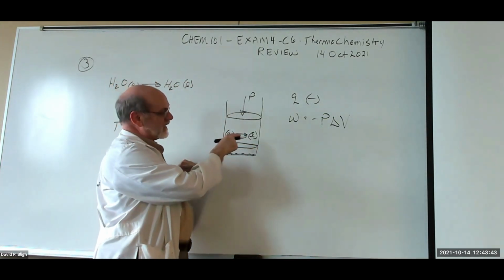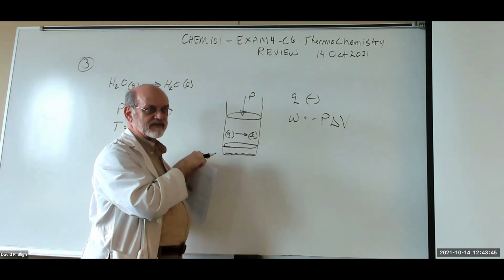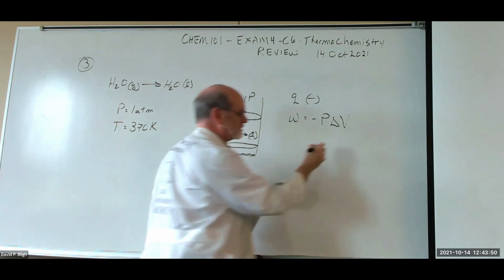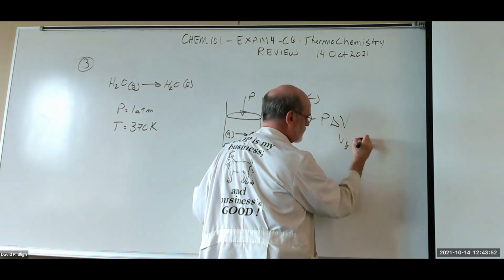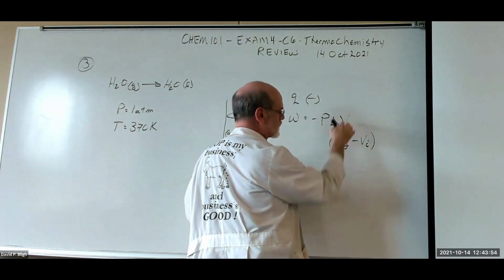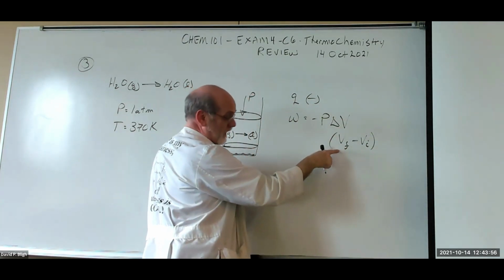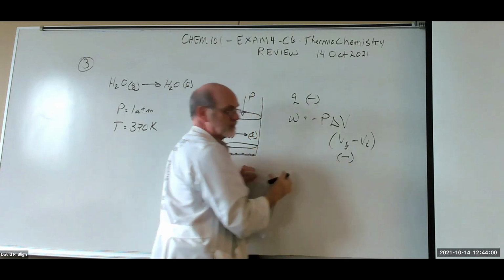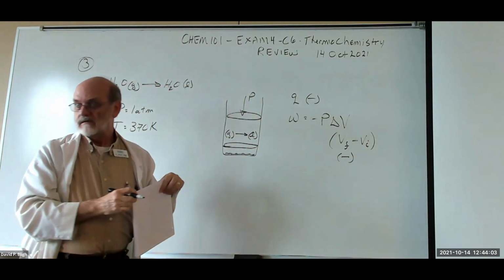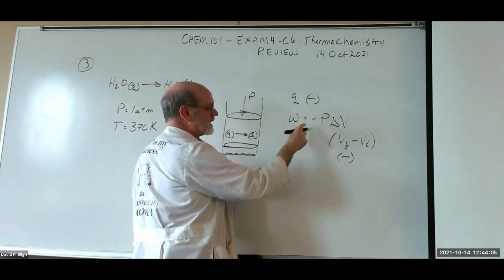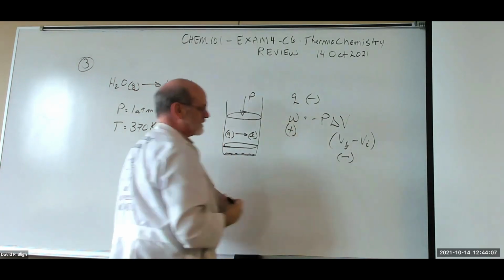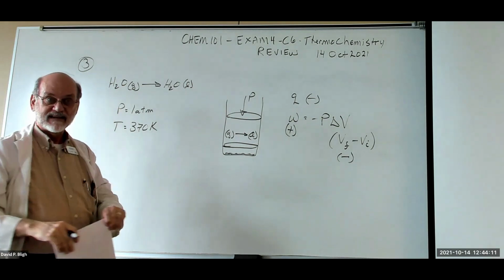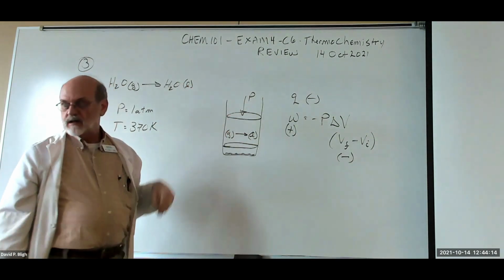The volume change is final minus initial. So final is less than initial. So if the final volume is smaller than the initial volume, that value is negative. And a negative times negative is positive. So work is being done on the gas.